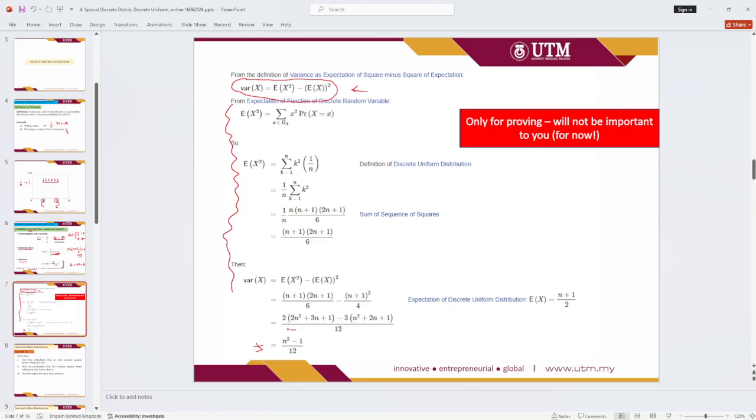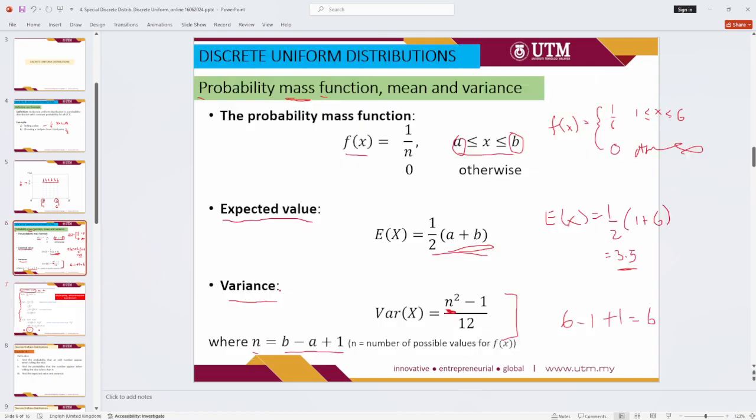You don't need to know the whole derivation from up here to down here, but just know that to find the variance of a discrete uniform distribution, you can straight up use this formula, (n² − 1)/12.